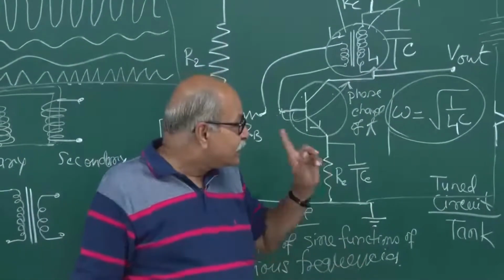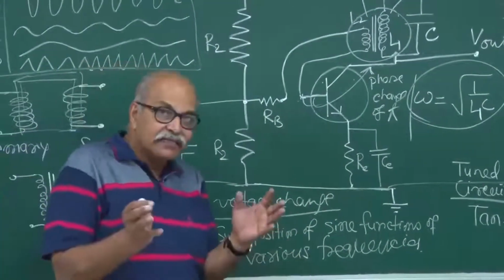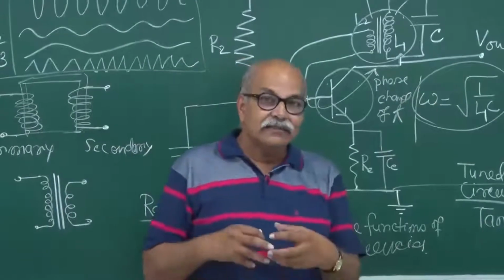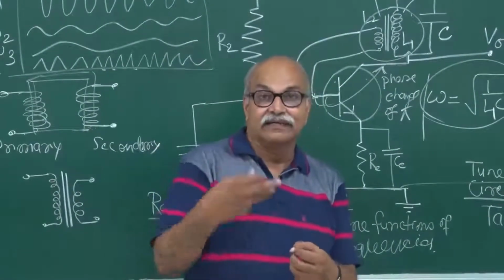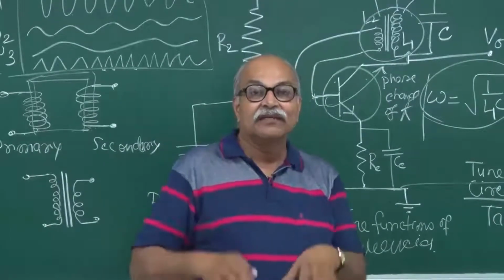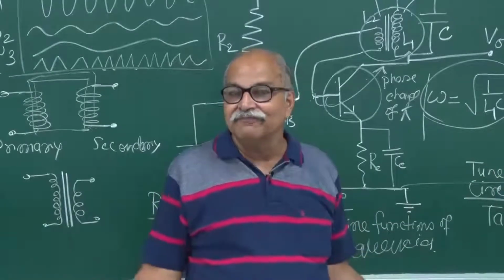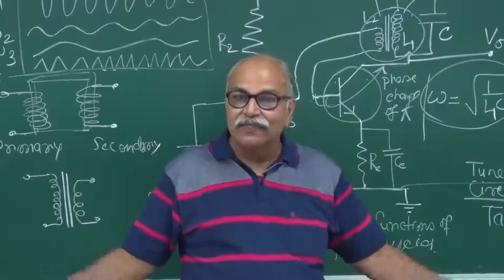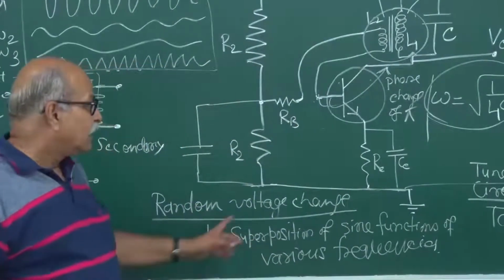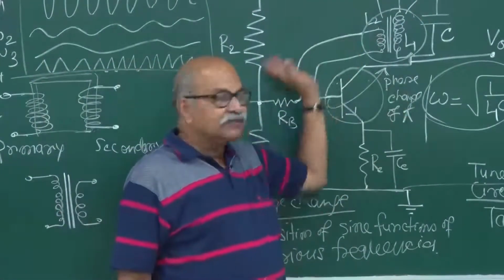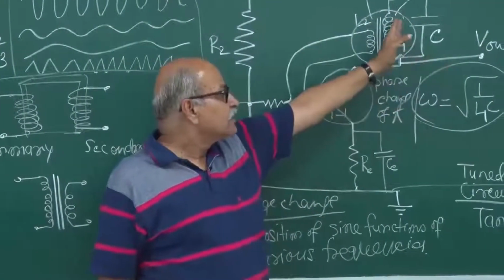So out of the many frequencies which are there, it is selecting its own frequency, and that component will get enhanced again and again, and the remaining will die out. After a very short time, the other components all die out, and finally there is only one component, and then you have your cycle.